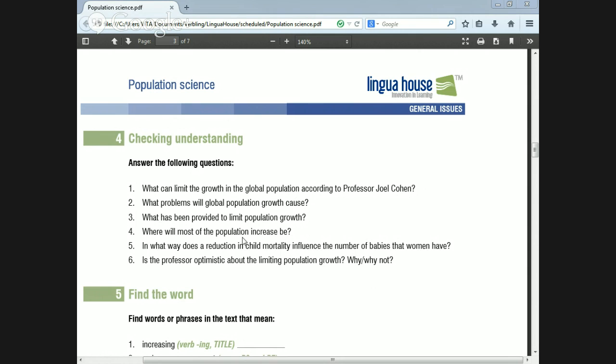In what ways does a reduction in child mortality influence the number of babies that women have? Any idea? The answer is parents are, if there's less child mortality. Do you guys remember what that means?